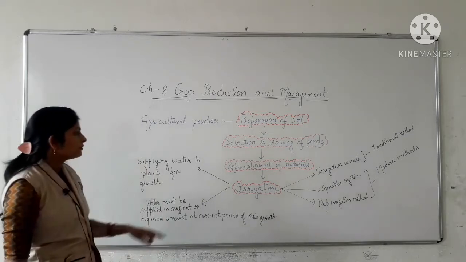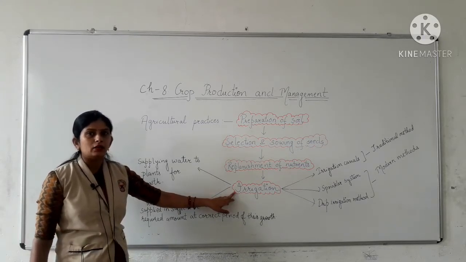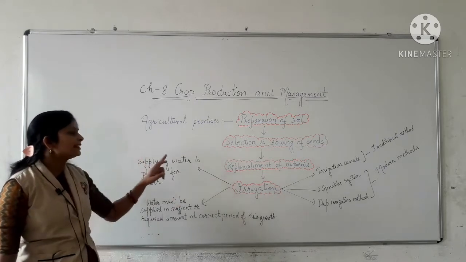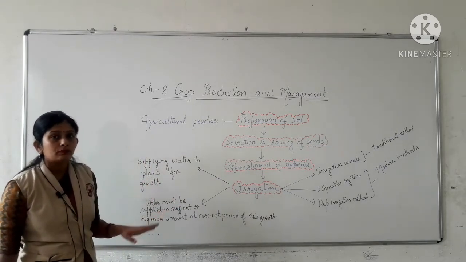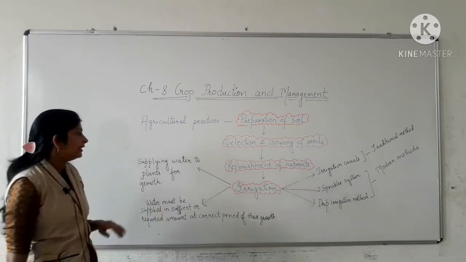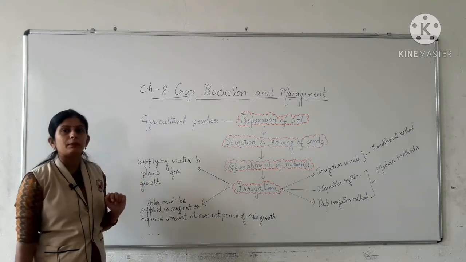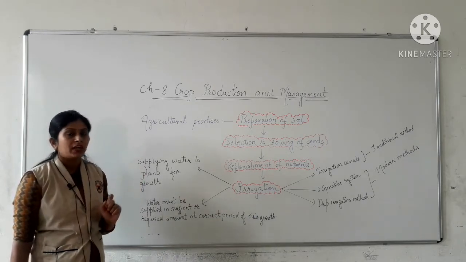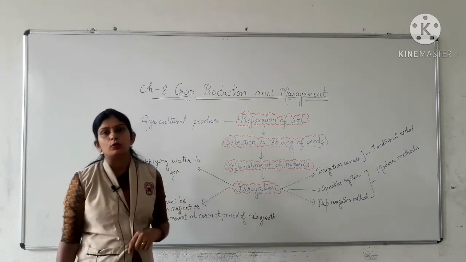So irrigation is the step or technique, or we can say method, by which water is supplied to the crops for their growth, and it is very necessary that this water must be supplied in sufficient or required quantity at the correct period of their growth.